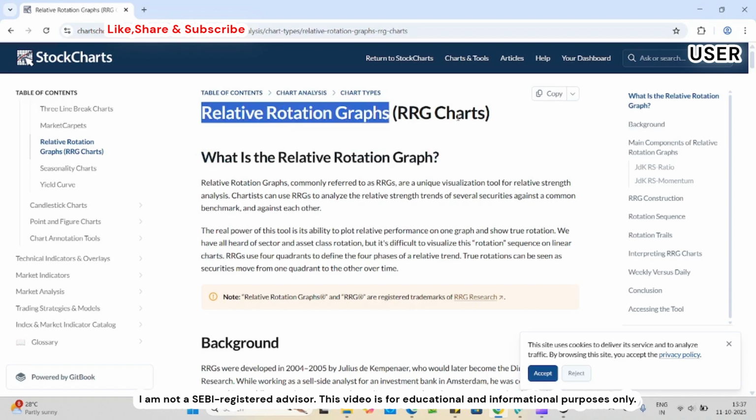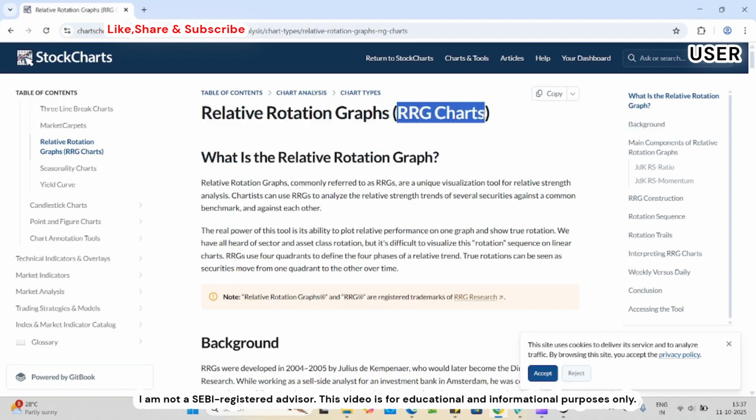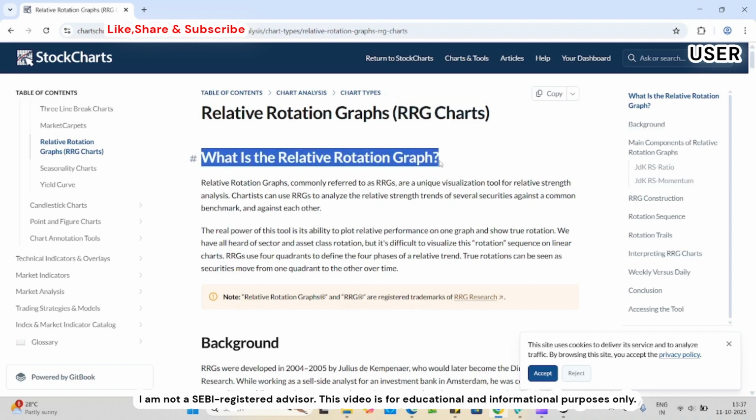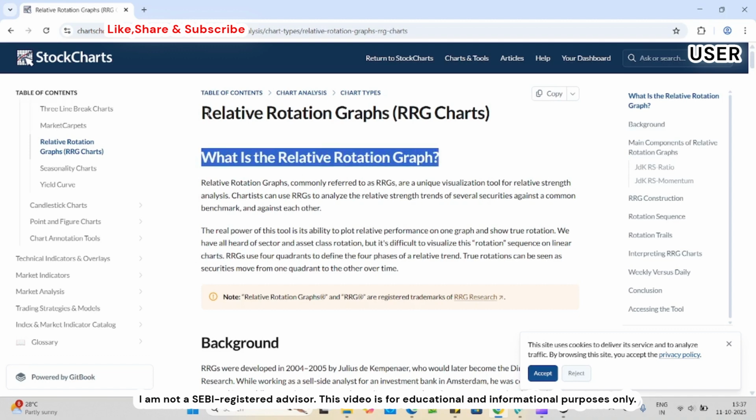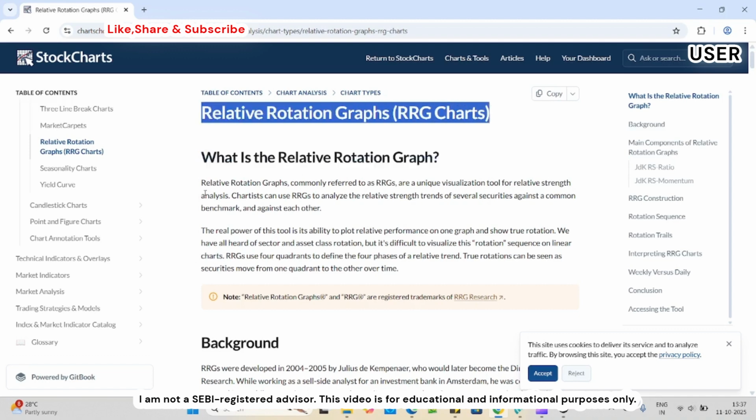These relative rotation graph charts are very useful in order to take some decision in investing in a stock or investing in any of the equity traded funds or the Nifty Bs, bank Bs, anywhere you want to invest. This is very useful and quickly you can take some decision based on this.